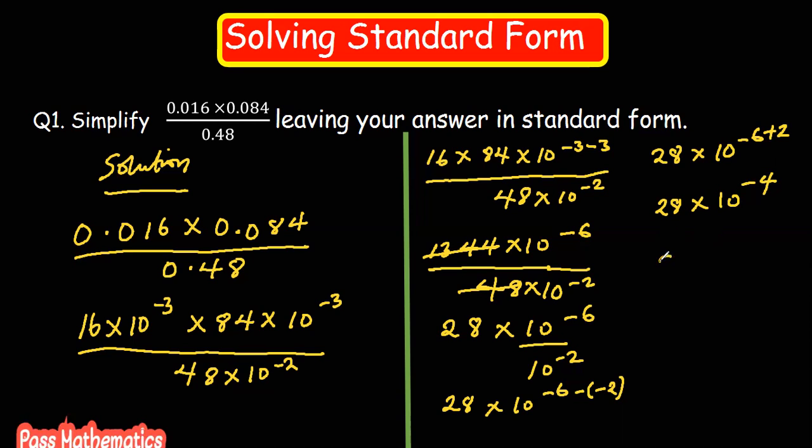So we are going to have 2.8 times 10 raised to the power of 1, then times 10 raised to the power of minus 4. Again, we add the indices, so we are going to have 2.8 times 10 raised to the power of minus 4 plus 1, and then we should have 2.8 times 10 raised to the power of minus 3.